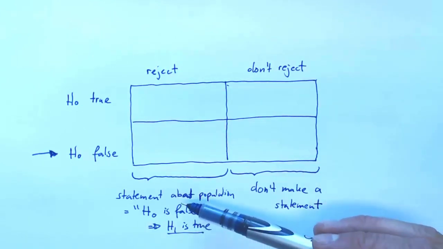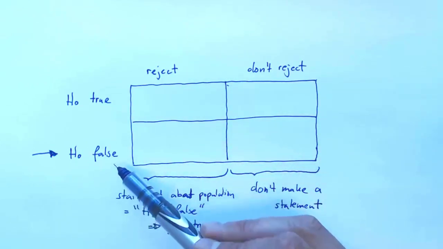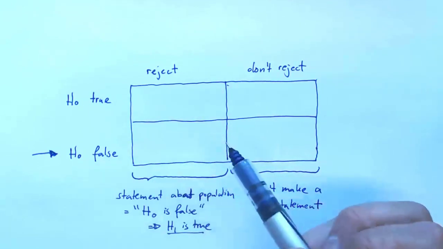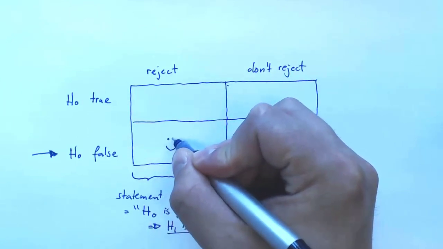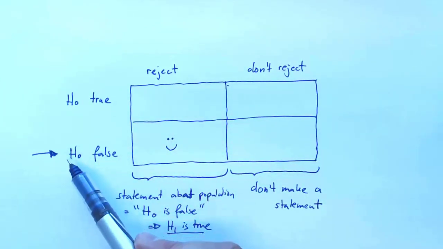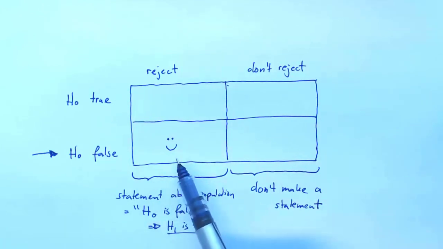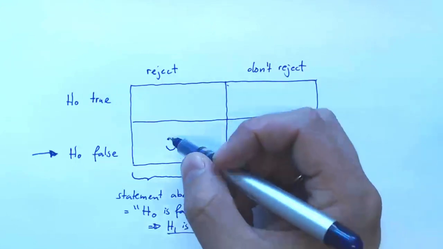So let's first talk about the scenarios where we reject. If we reject and if H0 is false, that is the ideal scenario, right? For cases where H0 is false, we also wanted to learn that H0 is false. We wanted to make the statement H0 is false, and here we are able to do that.